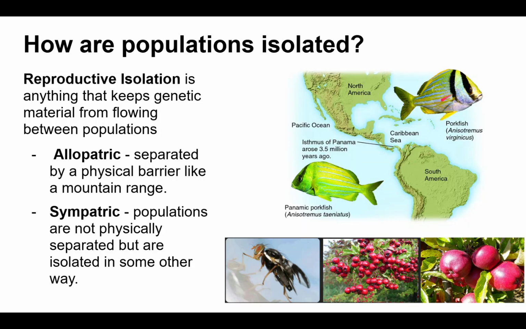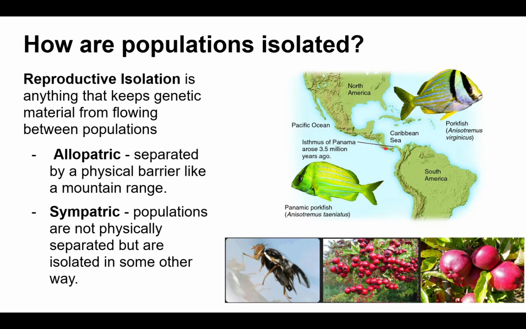In this case, we have two different species of fish, porkfish and the Panamanic porkfish. About 3.5 million years ago, the Isthmus of Panama arose from the ocean. The Panamanic porkfish, right, the ancestral population probably was all throughout the Caribbean here and on both sides of this.